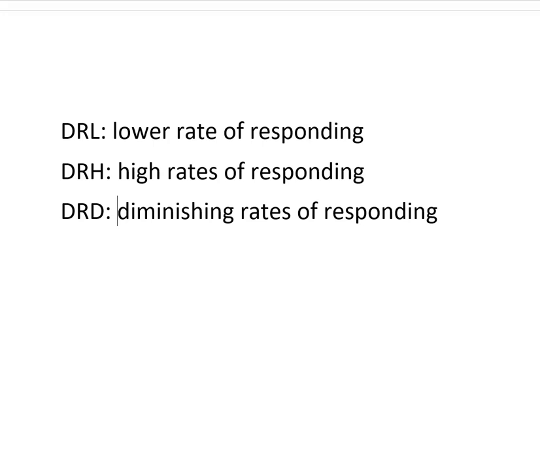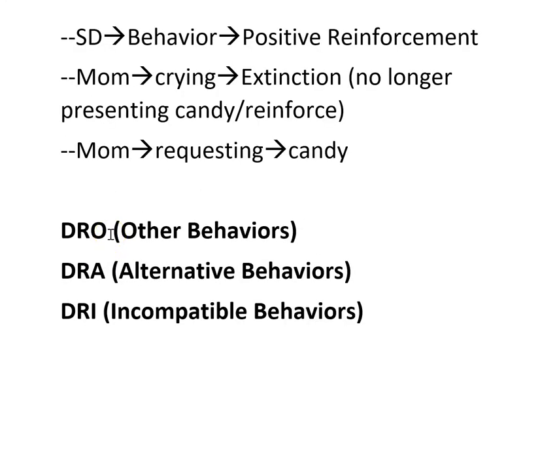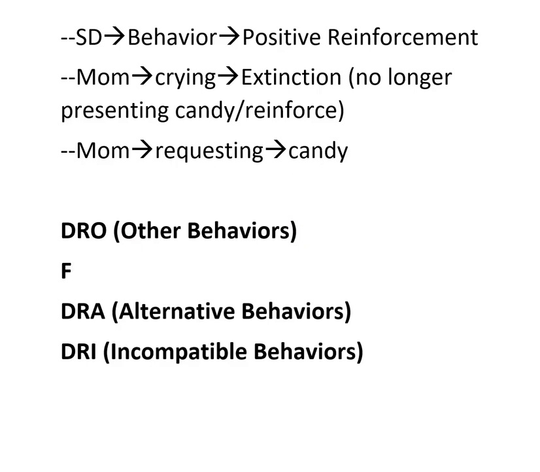Now also, there are subtypes of DRO. Let's go back. Okay, we covered the reinforcement schedules, which are fixed interval, variable interval, fixed ratio, and variable ratio. So when we are using DRO, we are using fixed interval DRO. Let's write that down. Fixed interval DRO.